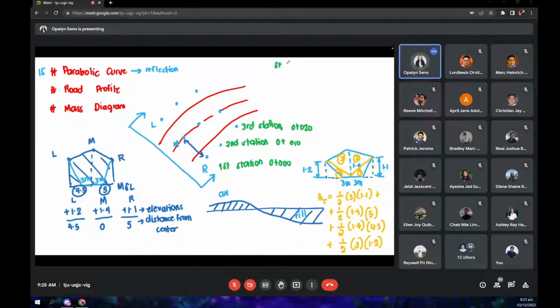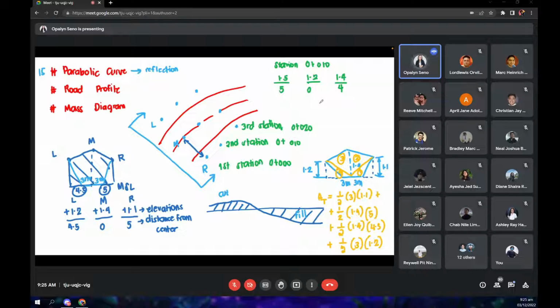So let's say at station 0 plus 010, we have 1.5 as the height, with a total of 5, 1.2 again, 0, and then 1.4, and then we have 4. Okay? So with that, you also plot it.